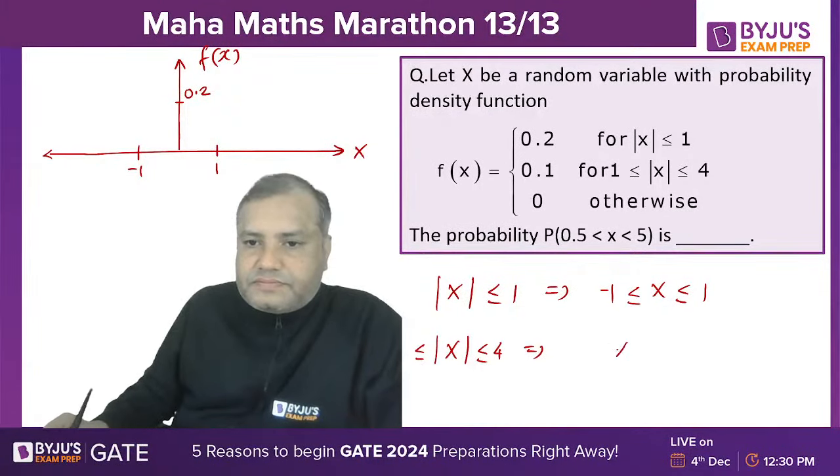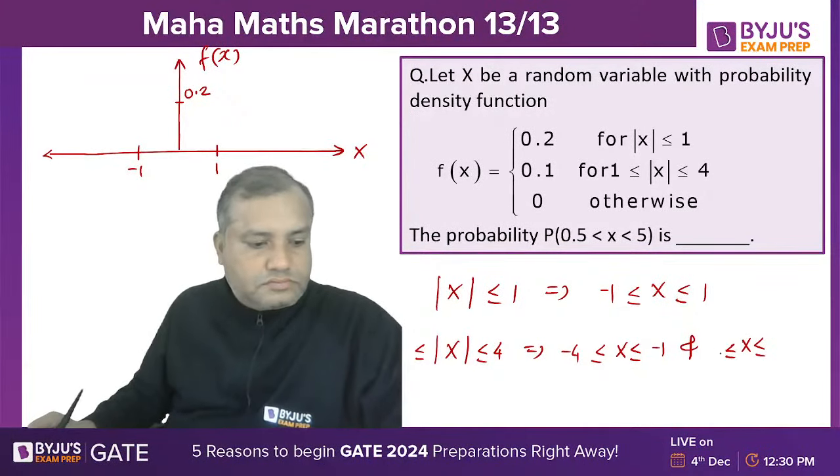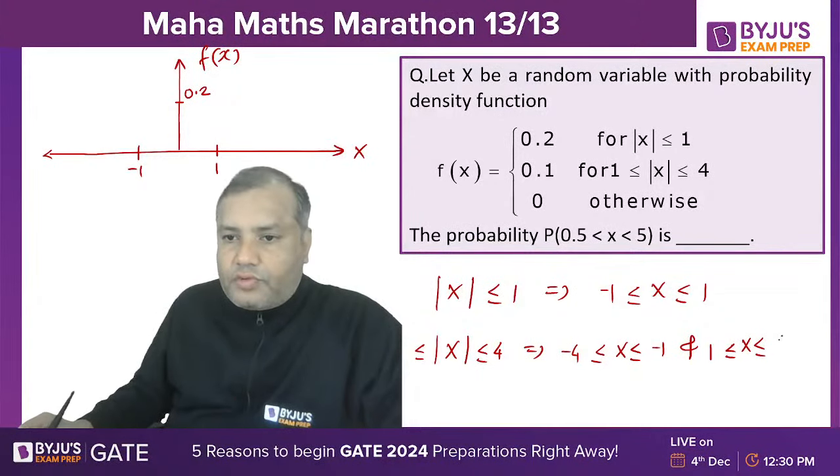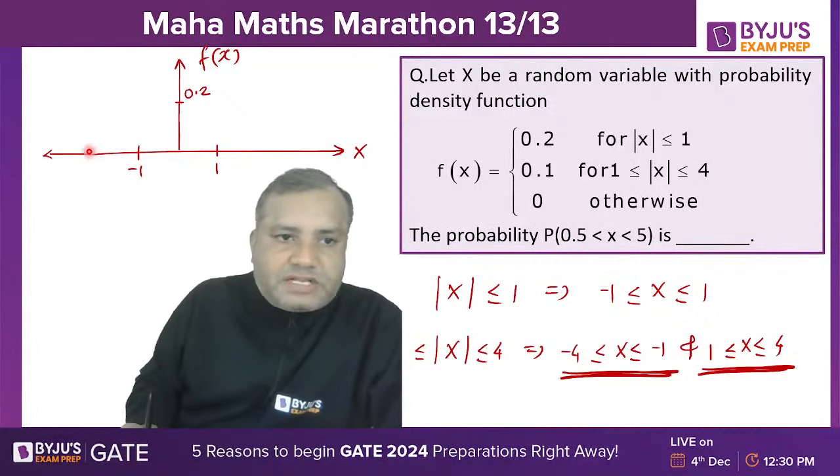It means mod x is available in two intervals, -4 to -1 and 1 to 4. Understood? -4 to -1 means this interval, 1 to 4 will be this interval. And in this interval, the value of the function is 0.1.